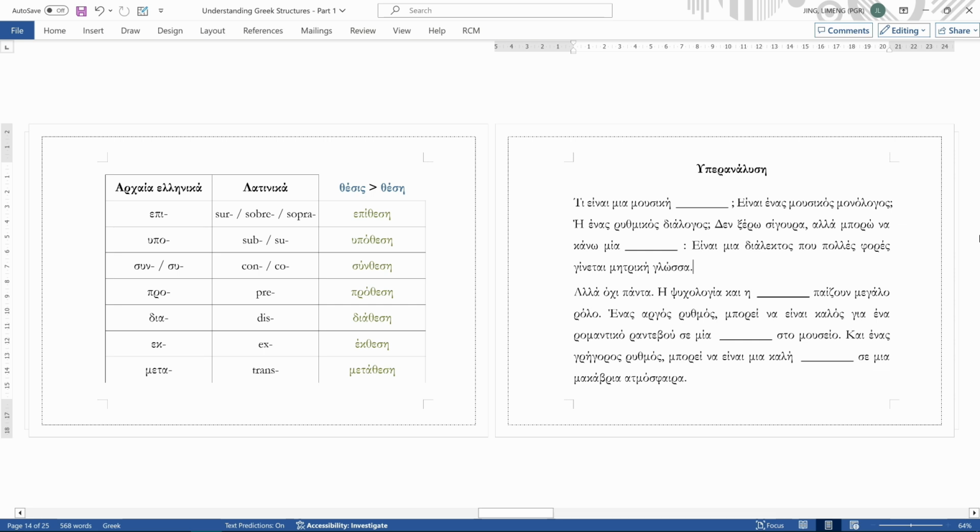Ωραία. Τι είναι μία μουσική σύνθεση? Είναι ένας μουσικός μονόλογος ή ένας ρυθμικός διάλογος?